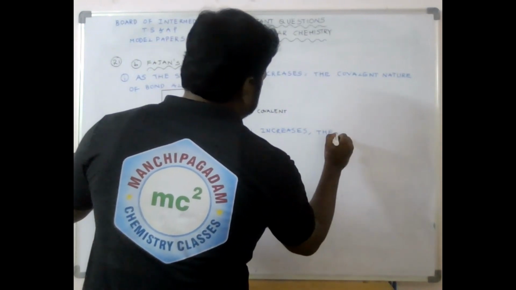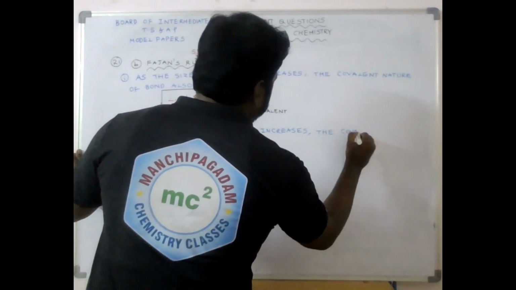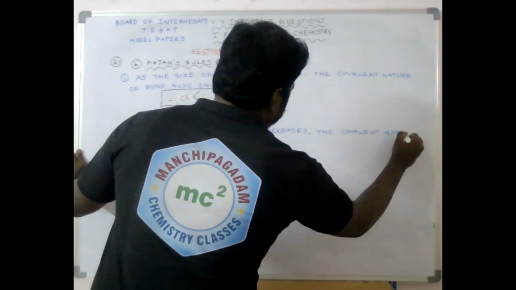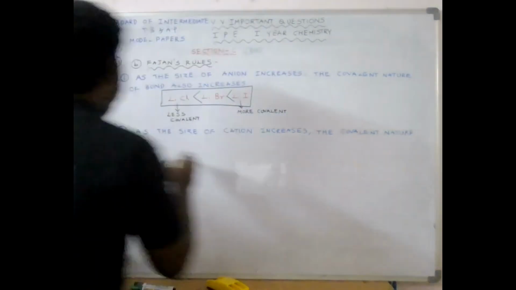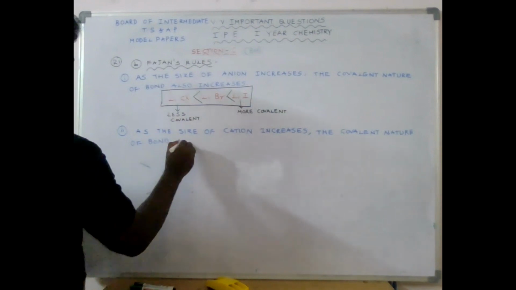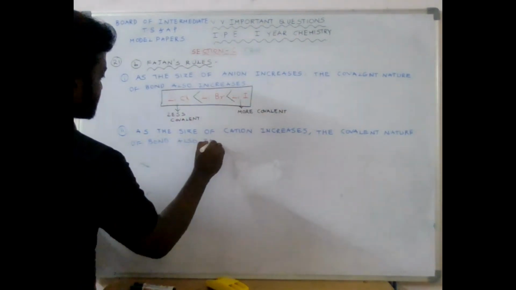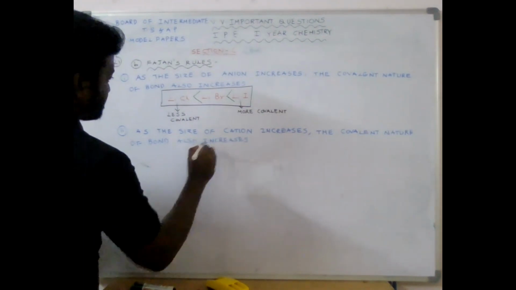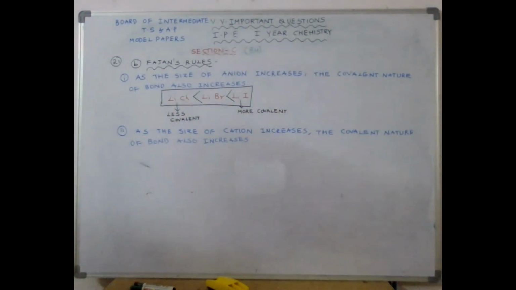Then the covalent nature of bond also increases. You observe that where we have changed, the covalent nature is increasing and the size of the cation increases. We have just changed cation instead of anion.